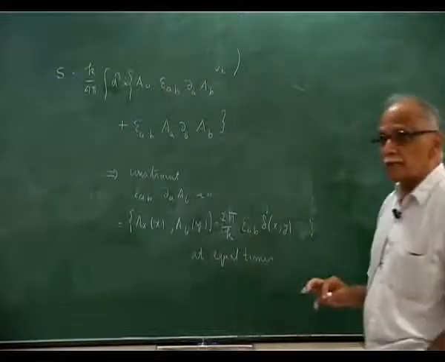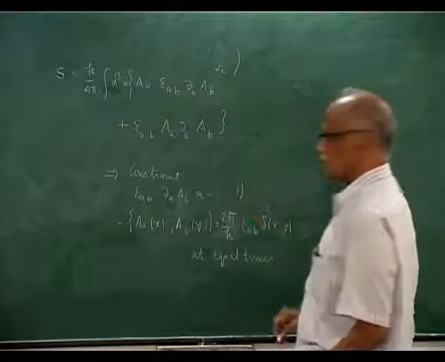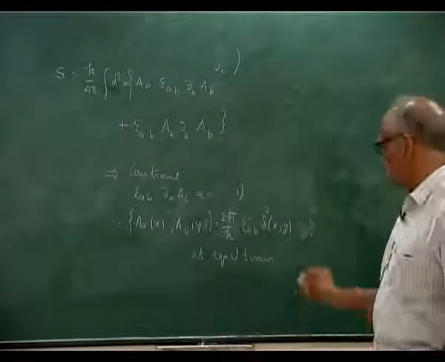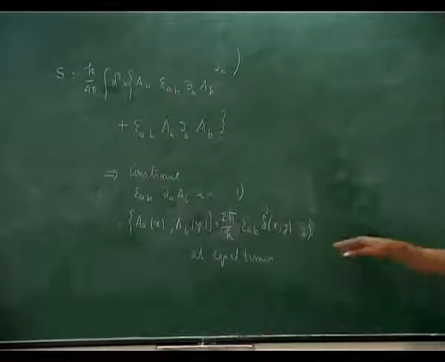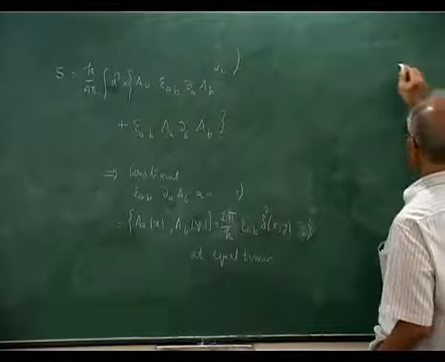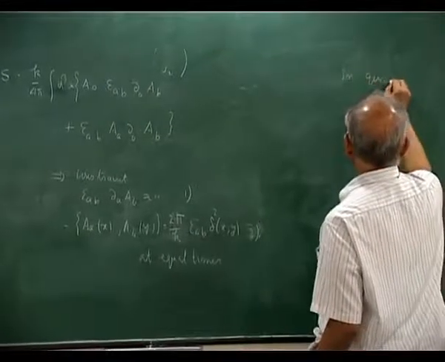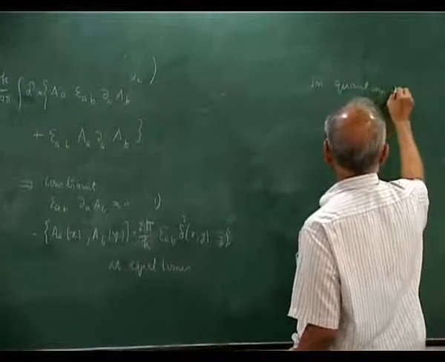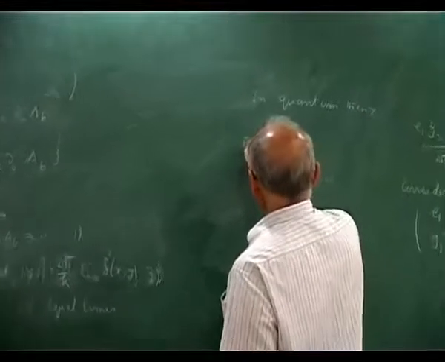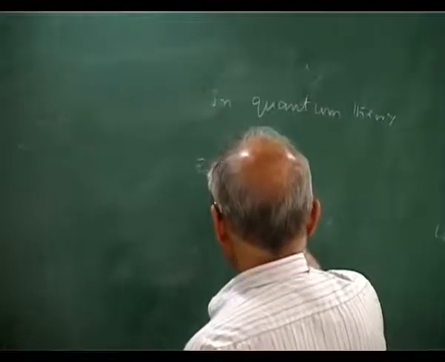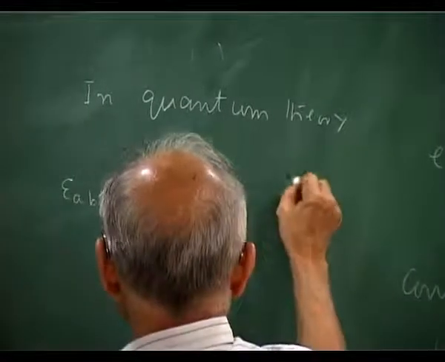Now, what is the non-triviality of this problem? Let me go back to this 1 and 2. Now we see that from 2 already, in quantum theory, I am going to get again epsilon AB dA AB is weakly 0, and I have to understand what this is, 1 prime.